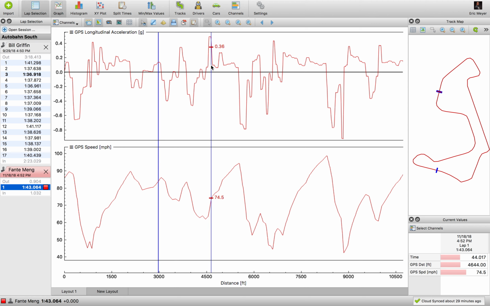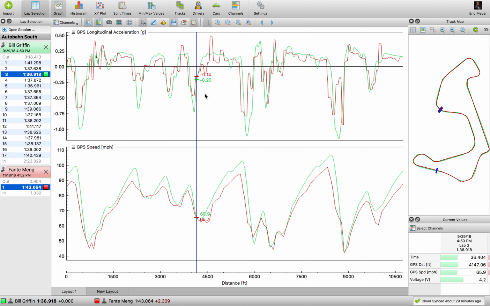And I just happen to know that because I know the data and that cars don't accelerate like that. If we were to put some of Bill Griffin's data on here and go back to the acceleration rate, you'll note that nowhere in here does Bill have anything remotely close to that, at a car running several seconds faster. And so I know that data point right there is worthless.